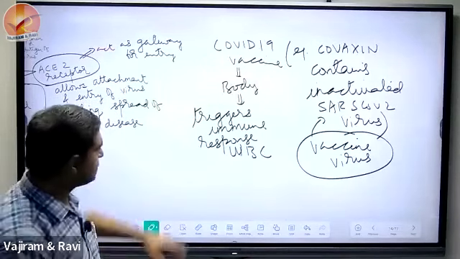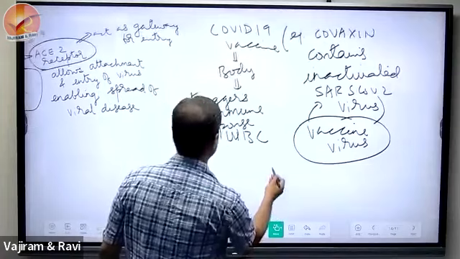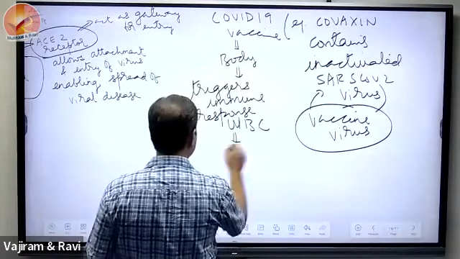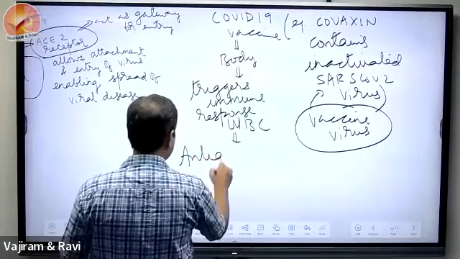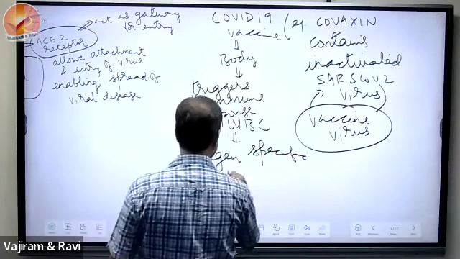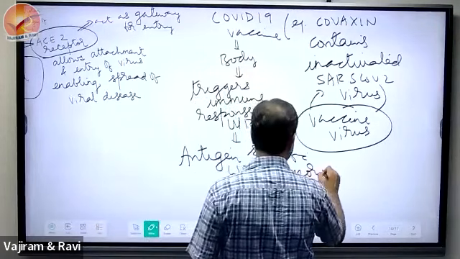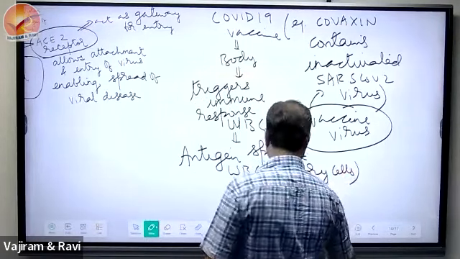In the immune response, white blood cells participate, and these white blood cells transform into antigen specific white blood cells, which we simply call as what? Memory cells. Memory cells.